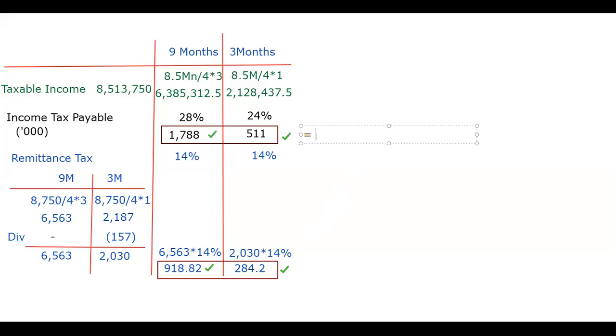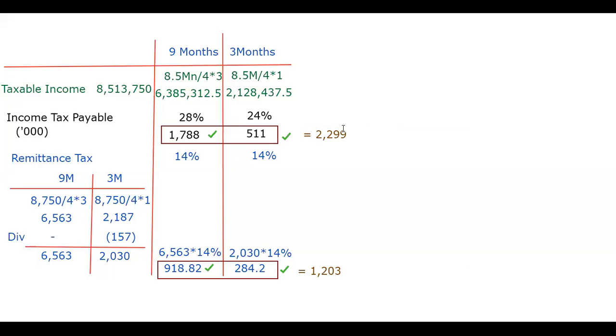Yeah, income tax altogether they are paying 1788 plus 511, to 2299. Then here they are paying remittance tax 918.82 plus 284.2, let's say almost 1,122.